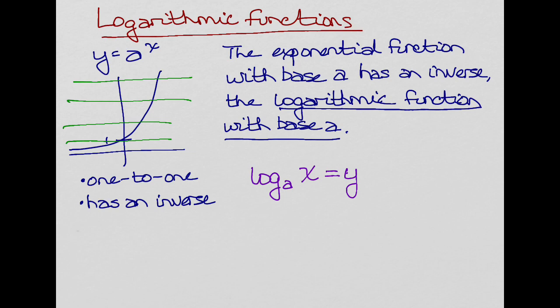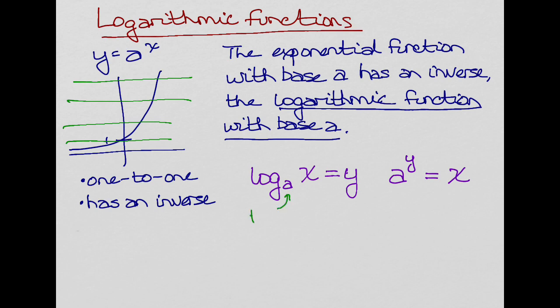Well, we already know something that works like that. It goes like this. The base is A. y is the exponent that I have to put on A in order to get x. These two statements give exactly the same information. It's in a little bit different place.